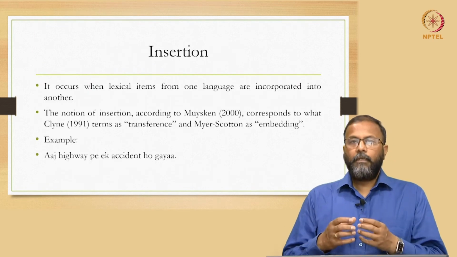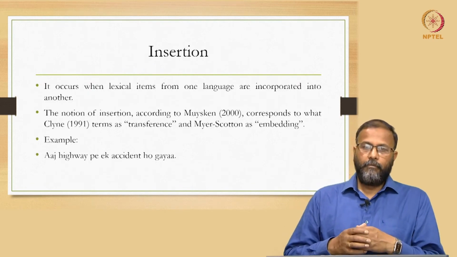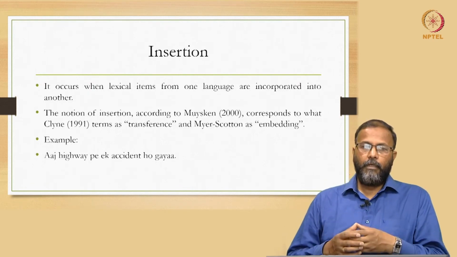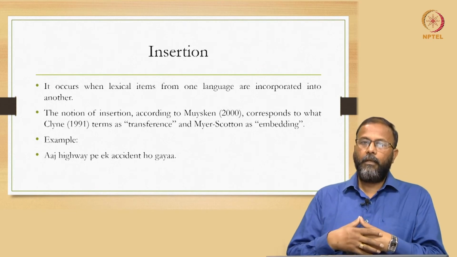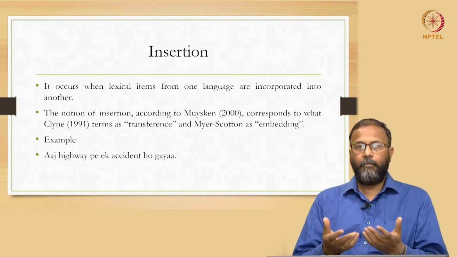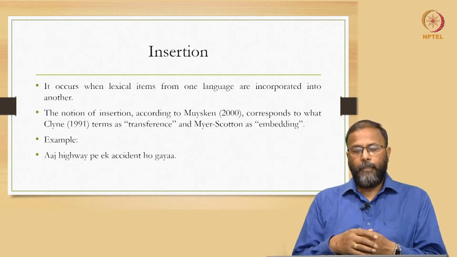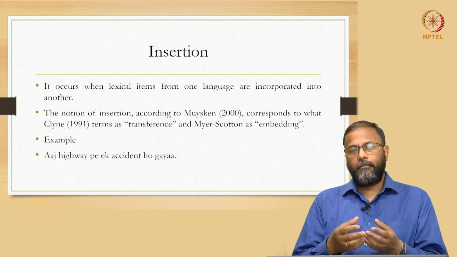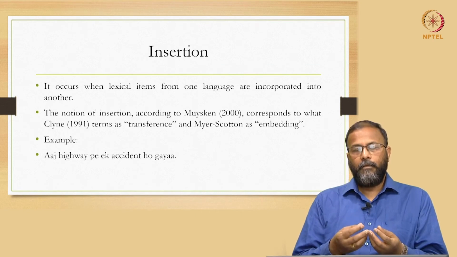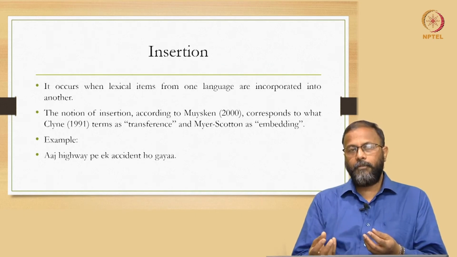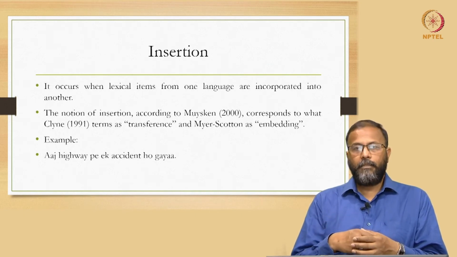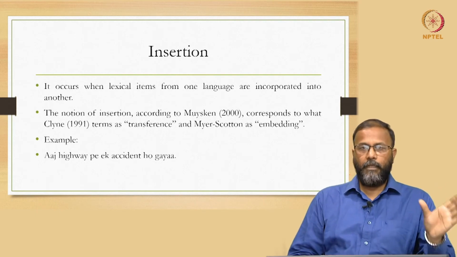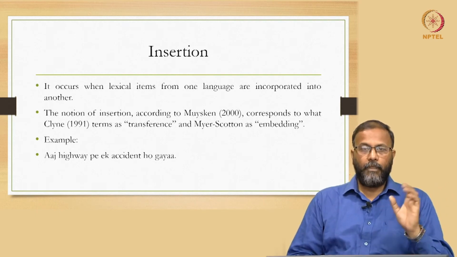So, let us look at insertion. That is very frequently found and largely done by the bilingual speakers. So, as the word suggests, certain items from, let us say, language B are inserted in the structure of language A. What are the certain items?